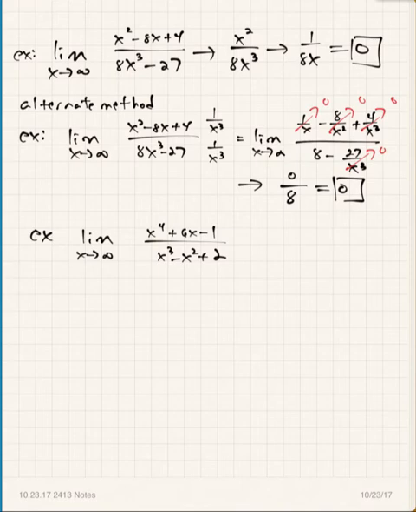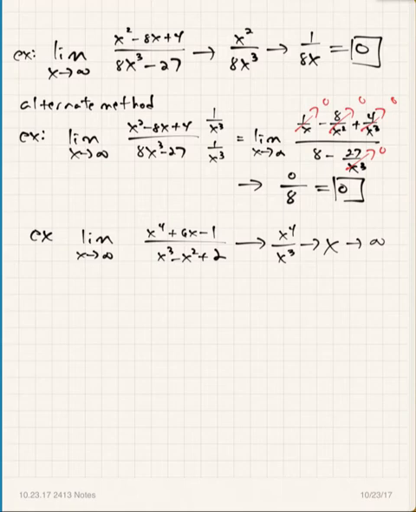With the dominant term method, the dominant term in the numerator is x to the 4th, and in the denominator it's x cubed. So you have x to the 4th over x cubed, which gives x over 1, or x. And as x gets large, that goes to infinity. So this limit is equal to infinity. It means there's no horizontal asymptote.